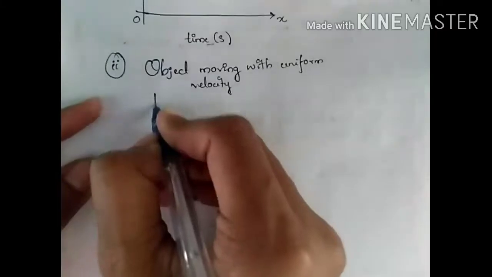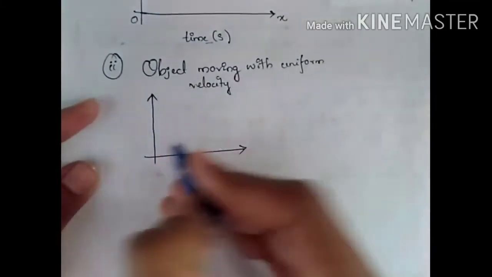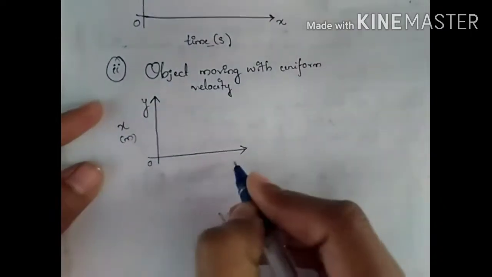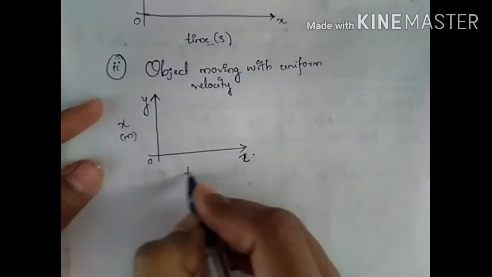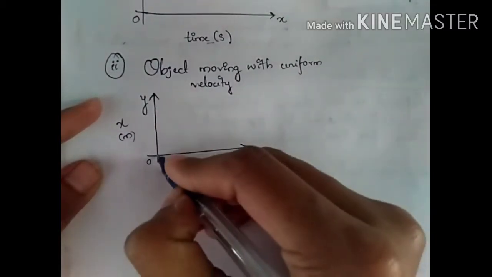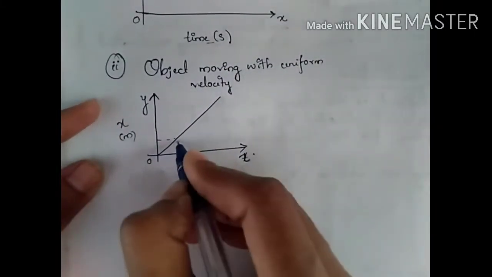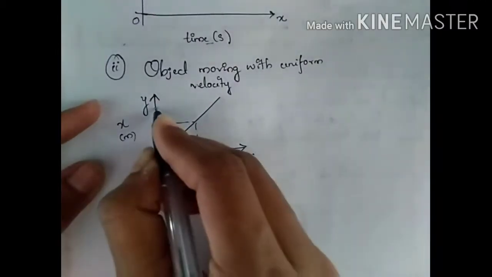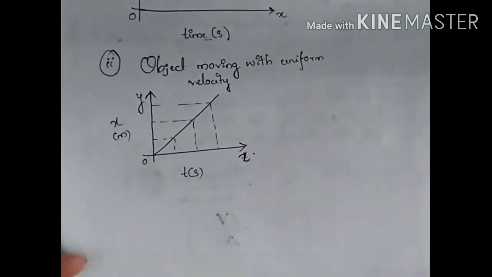If an object covers equal displacement in equal intervals of time, then this will give you uniform velocity. So the graph would be a straight line. It covers equal distances in equal intervals of time. So this is the second case.